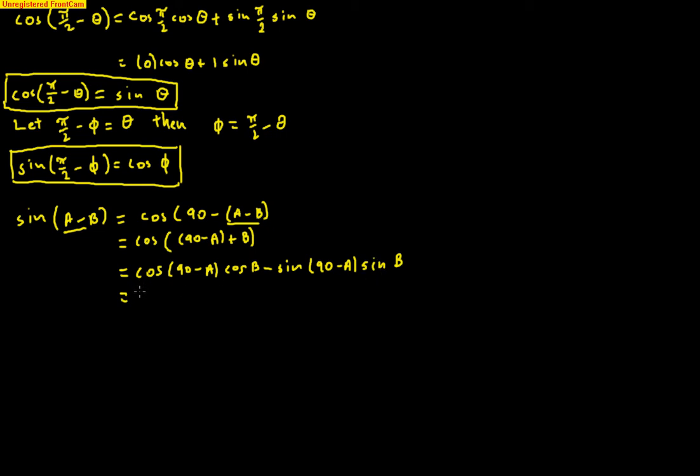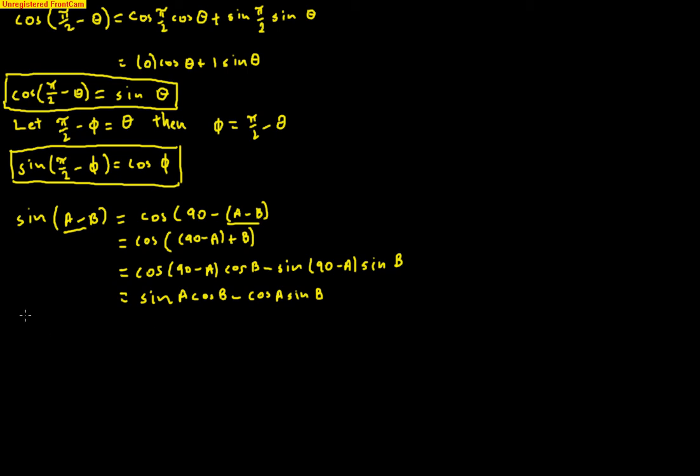Then cos of 90 take an angle is sine of that angle, and sine of 90 take an angle is cos of that angle. And so we have established the difference in angles for the sine function.